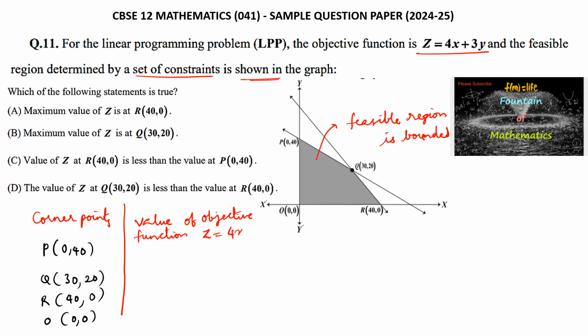z is equal to 4x plus 3y. So here we can write 4 times 0 plus 3 times the y coordinate, 40.